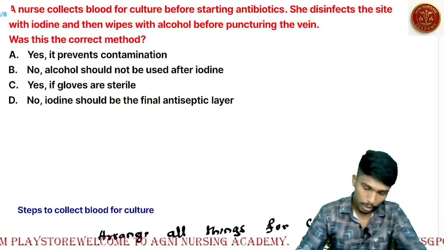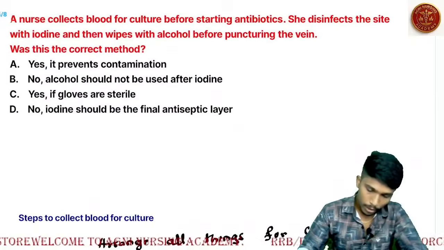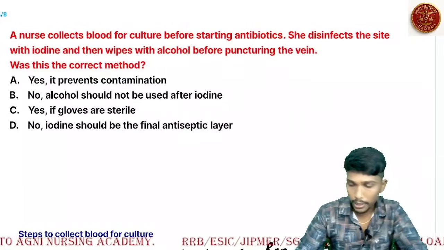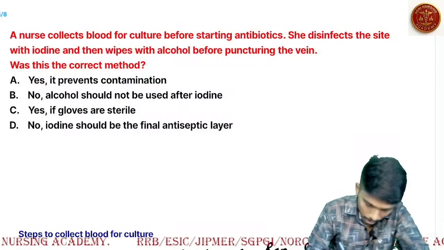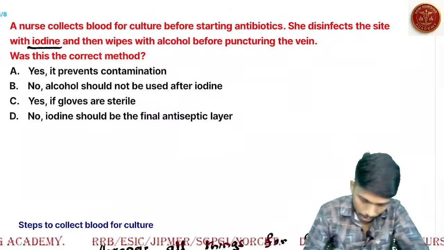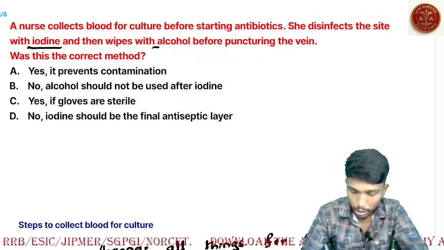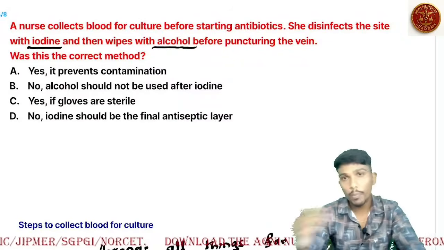Then coming to the options, I will discuss the question first. She disinfected the site with iodine. Yes, she cleaned the site with iodine, and after that wiped with alcohol. She used alcohol after applying the iodine.